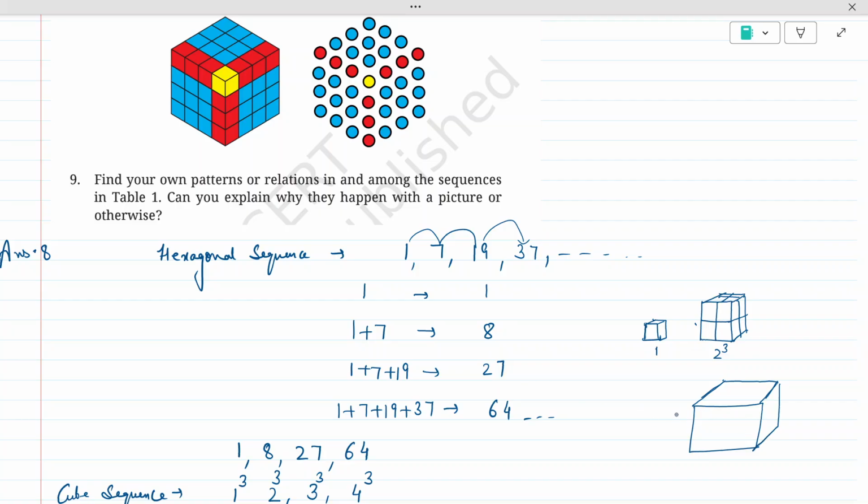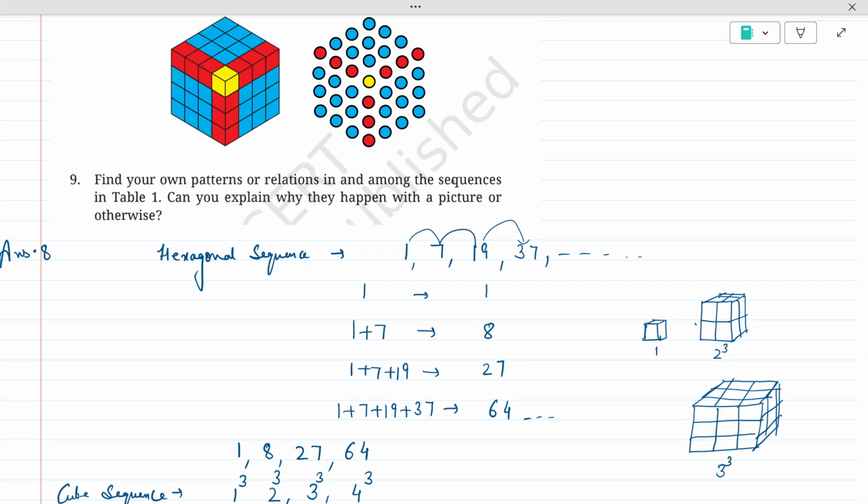For 3, I will make 2 separators here. Now we can extend to both the sides here as well, and same here. So you can see we have 3. This is a cube of 3, right? Each one has 1 cube here.